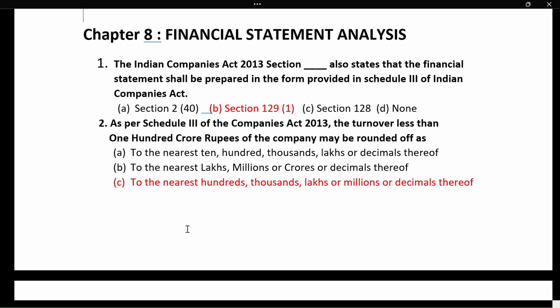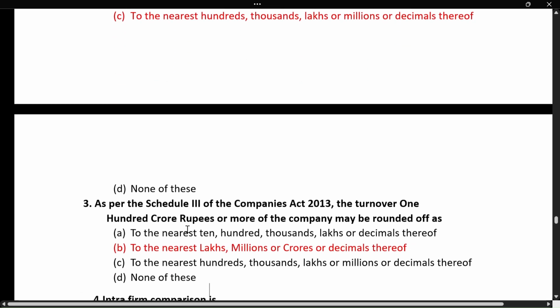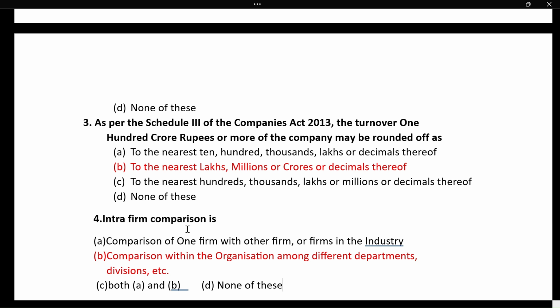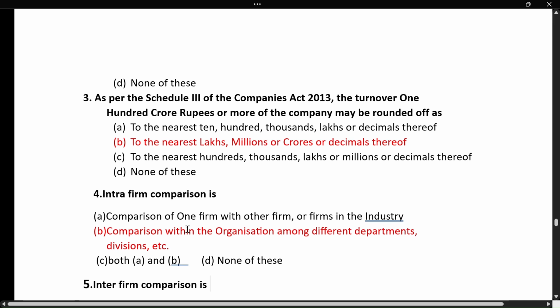A company with turnover less than 100 crore rupees may round off to the nearest hundreds, thousands, lakhs or millions or decimals thereof. Next, as per Schedule 3 of the Companies Act, a company with turnover of 100 crore or more can round off to the nearest lakhs, millions or crores or decimals thereof.